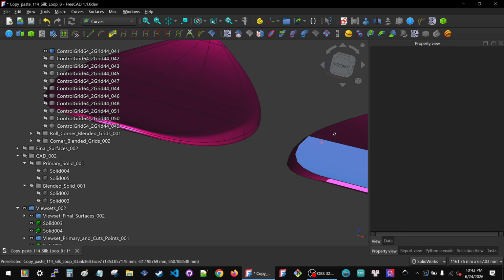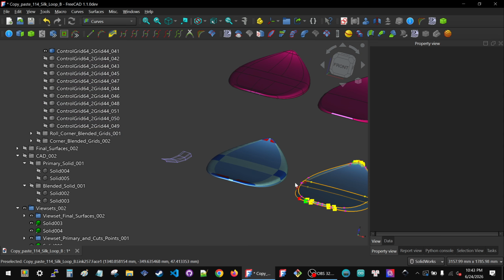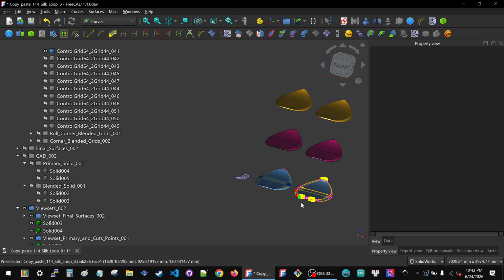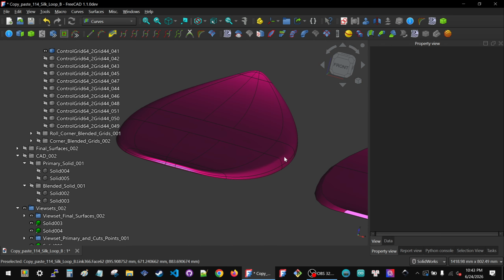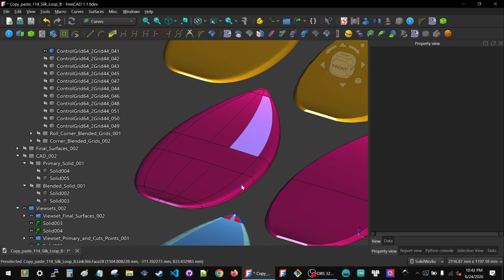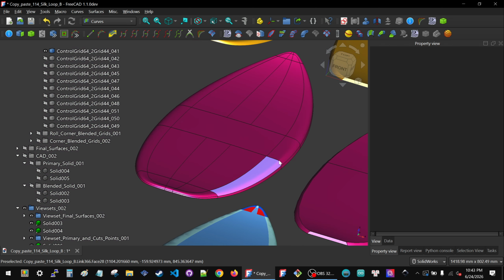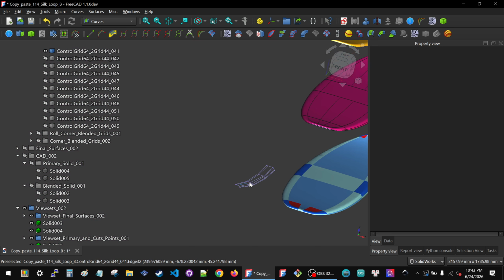So once I have a topology, I cannot just move the cutting points independently from one side to each other. They follow each other. But if you really, really want to say, well, I really wanted this to be sharp over here and soft over there, you can do that to some extent by manipulating the blending grid directly.